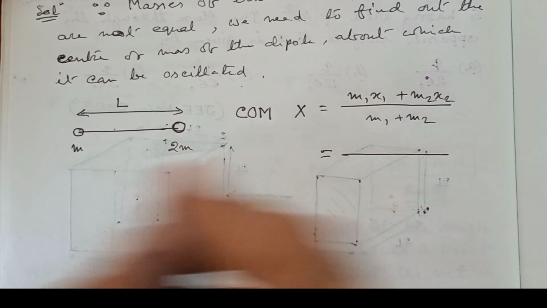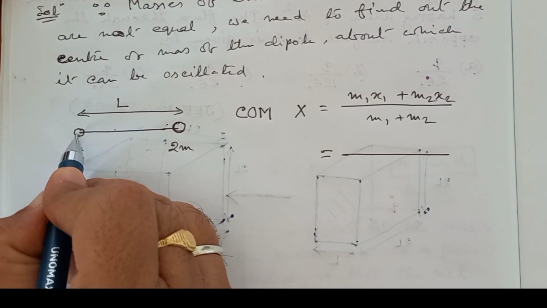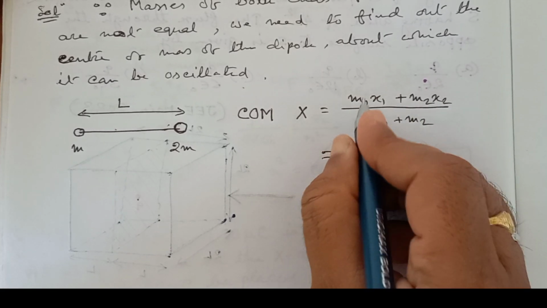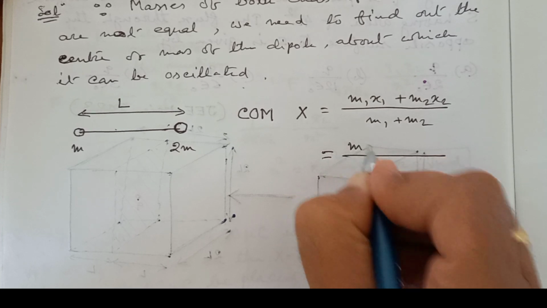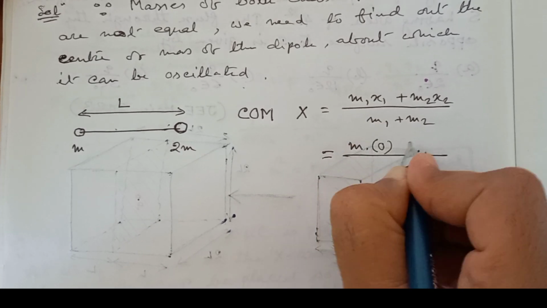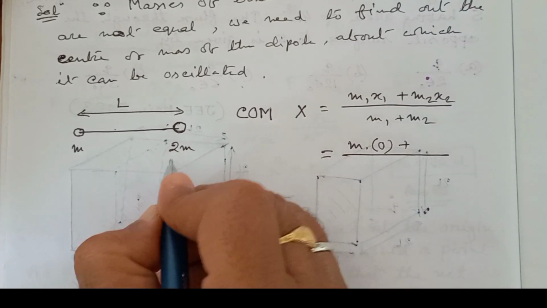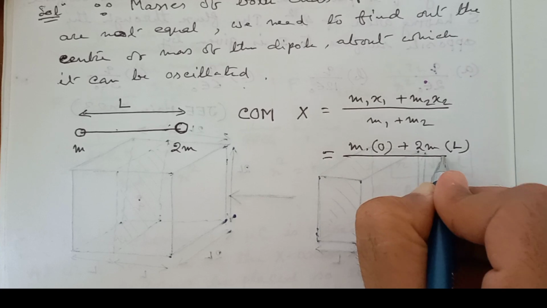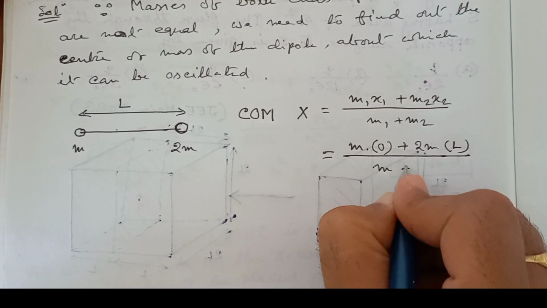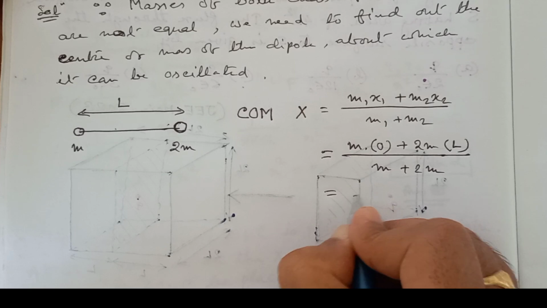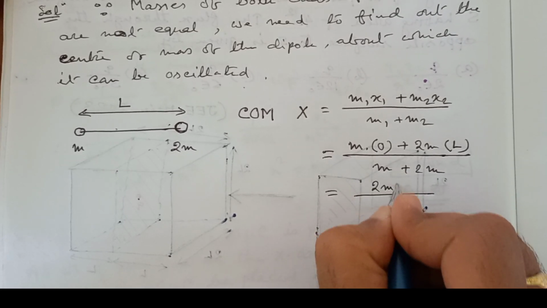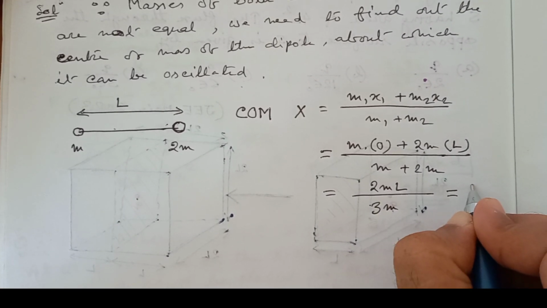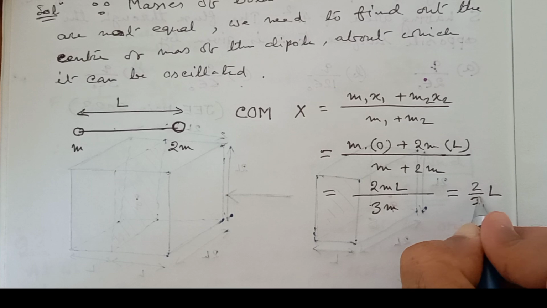If we consider the first mass at the origin, then its coordinate will be 0. So for the first mass, m into 0 plus, for m2 it is 2m into L, by m plus 2m, is equal to 2mL by 3m, is equal to 2 by 3 L.